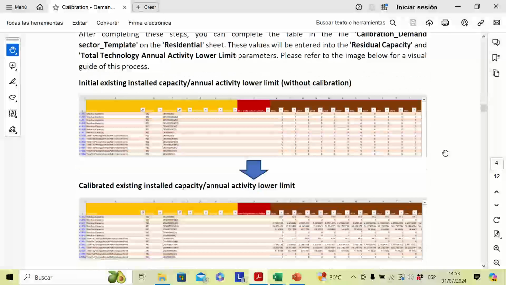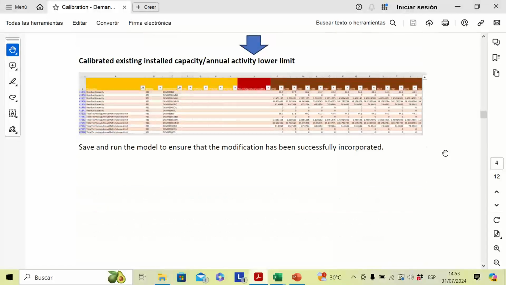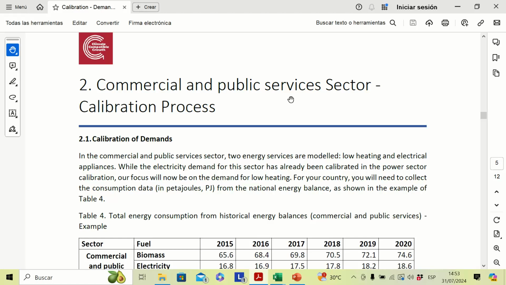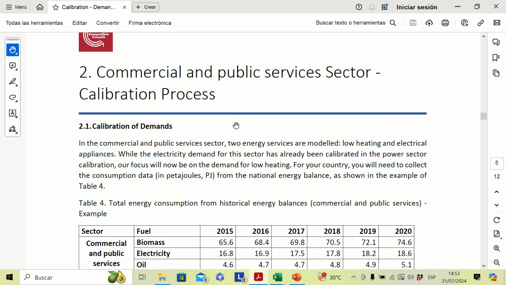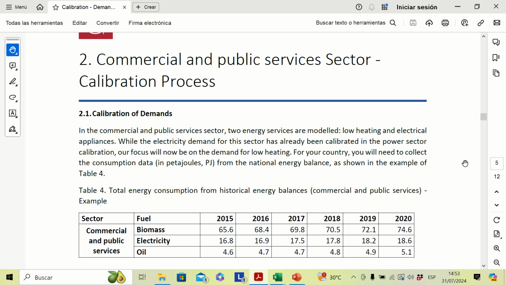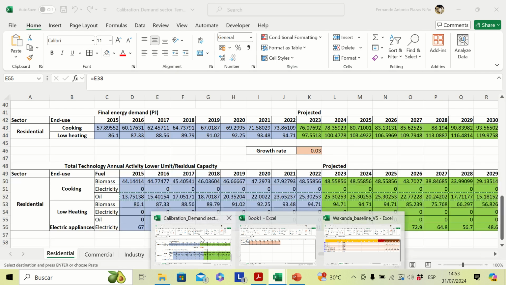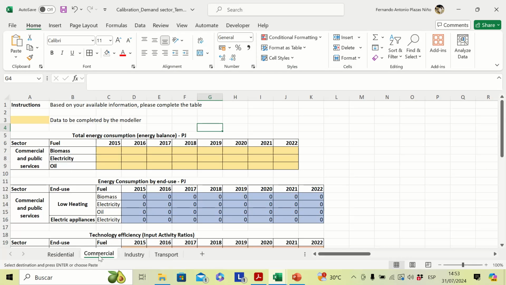That is essentially a repeat part, because it's just to do the same, but this time for commercial and public services, just for giving you a second round of what is the kind of process that we need to apply. Let's remember that in our template we have the second tab with the commercial. It's essentially the same.